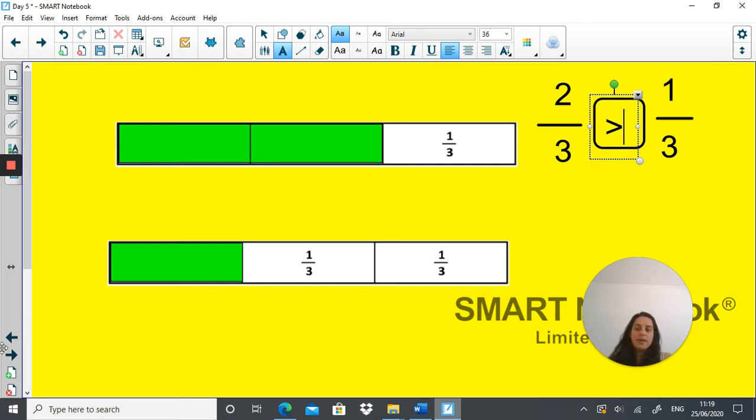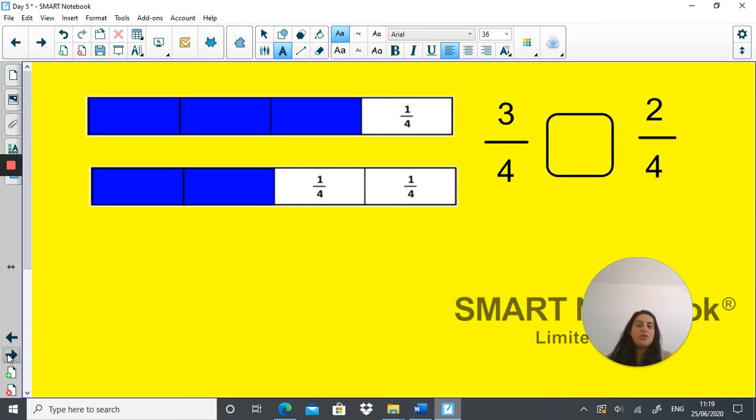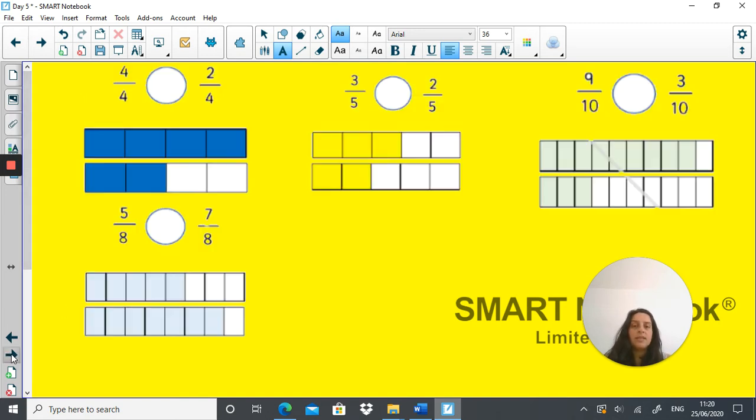Good job. And now try this one, comparing 3/4 and 2/4. Use the diagrams to help you. And we can see here that 3/4, 1, 2, 3/4 is bigger than 2/4. Let's put our sign in, our greater than symbol. And let's see what's next.